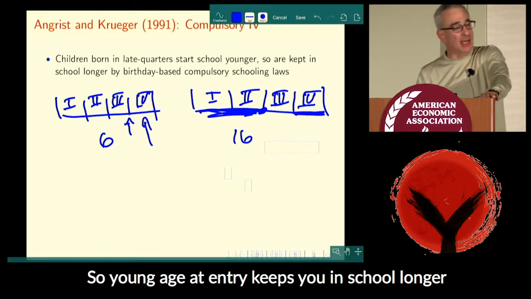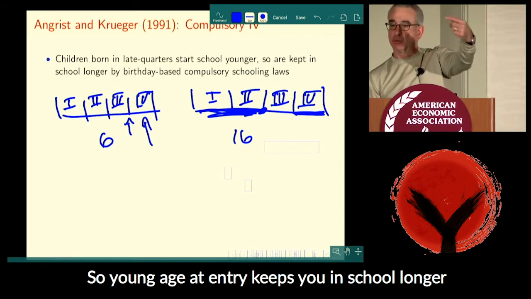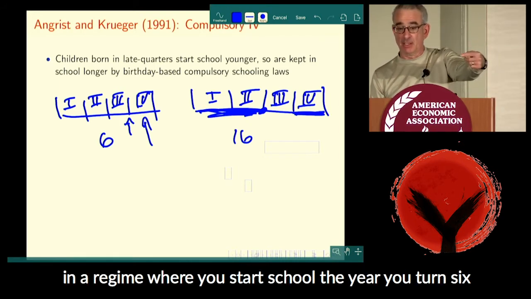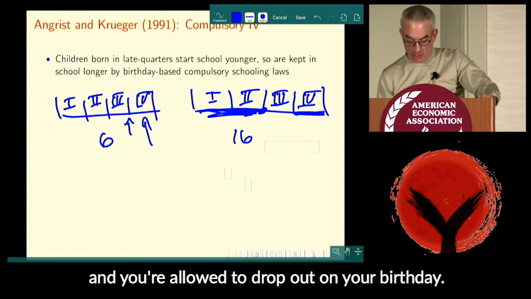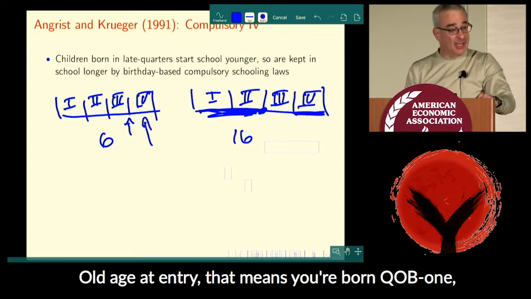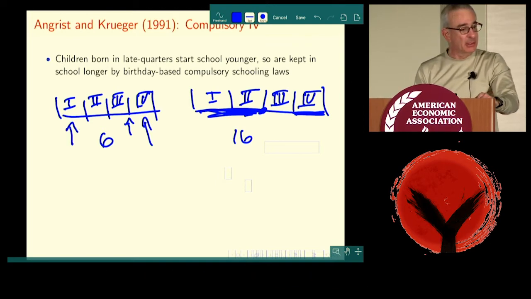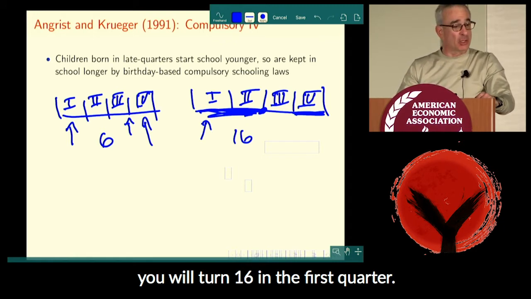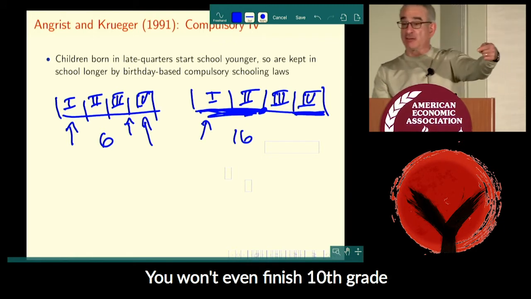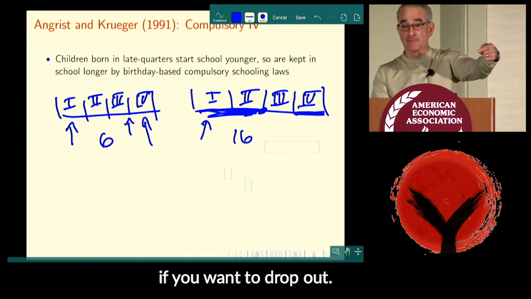So young age at entry keeps you in school longer in a regime where you start school the year you turn 6 and you're allowed to drop out on your birthday. Old age at entry, that means you're born QOB1, you will turn 16 in the first quarter. You won't even finish 10th grade if you want to drop out, okay?